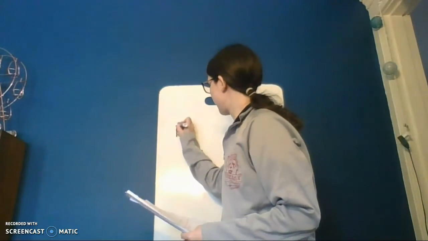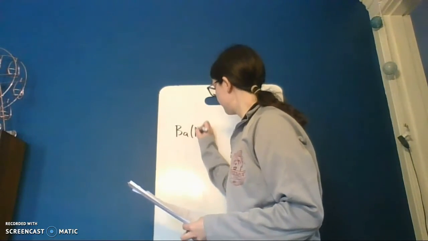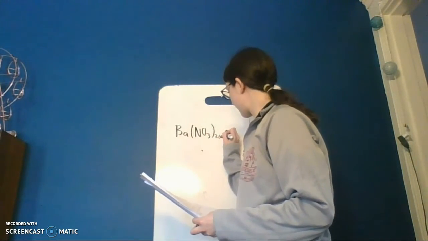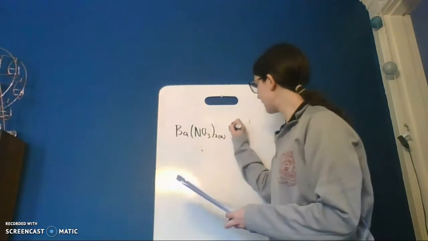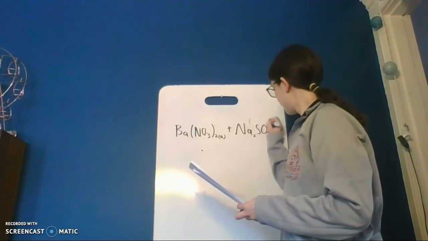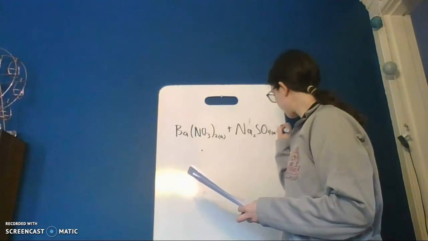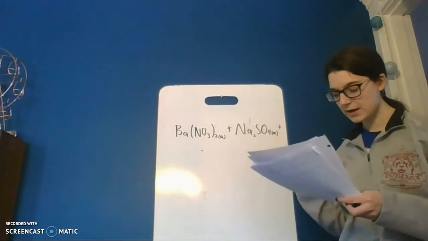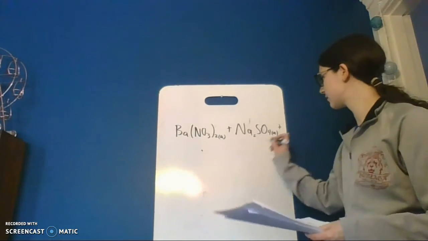The first is barium nitrate, and the second is sodium sulfate. So those are two reactants. They're both aqueous, and then we end up with two products.